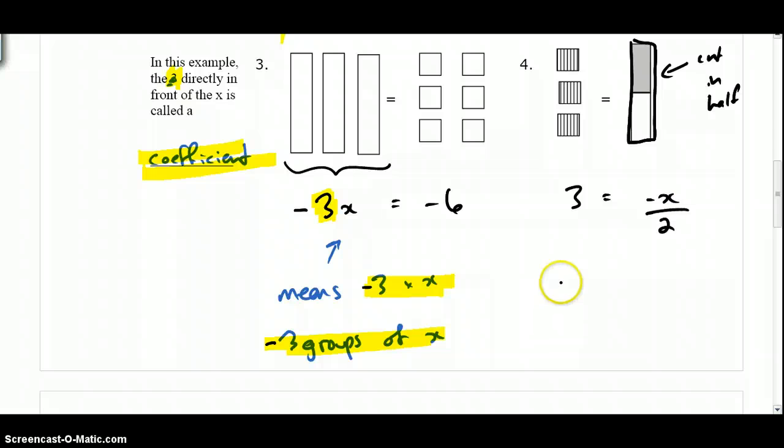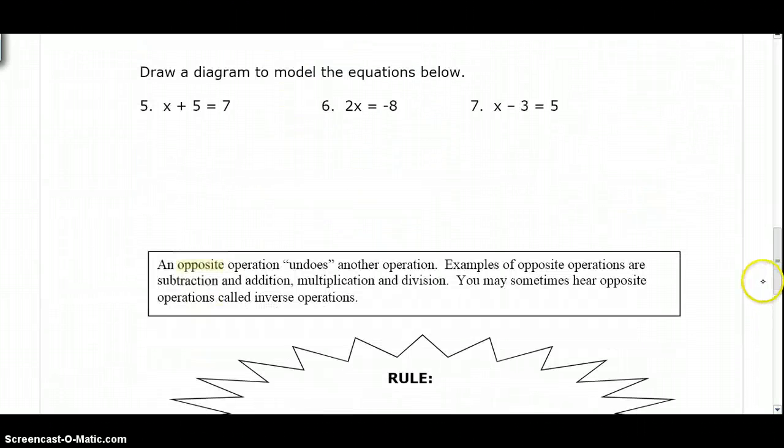So we could show it like this, or negative x divided by 2, right? Or 3 equals, you could also write it as negative 1/2 of x. So in this case, this 1/2, when it's in front of the x, becomes the coefficient. It's actually valuable to think of the negative as part of the coefficient too, right? We have negative 3 groups of x, because we'll deal with that negative with the 3. The 3 is negative. So you can make sure you know how to model.